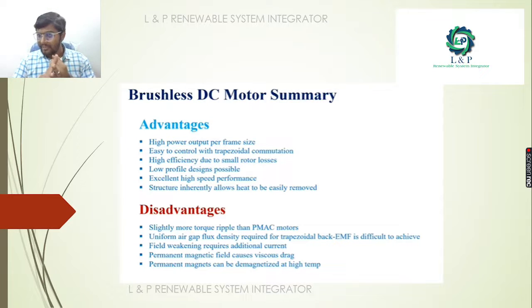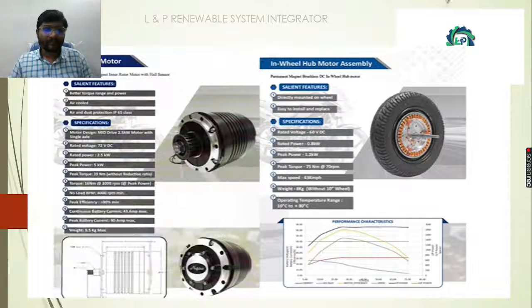Since we are using the permanent magnet, it can get demagnetized at a high temperature. And most importantly, since the field gets weakened, often we need additional current to energize it. And it has slightly more torque ripple when compared to the permanent magnet AC motors.